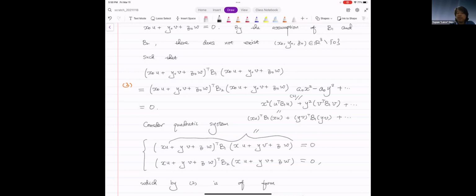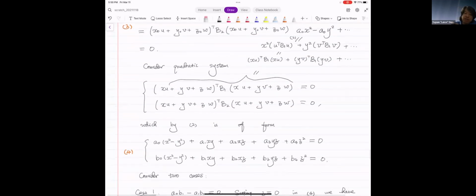Nonetheless, the coefficients in front of x squared and y squared should look like this. Therefore, the first equation has to have a term of a0 times x squared minus y squared. The rest of the terms, I can also factorize them, and there have to be some certain coefficients a1, a2, a3, a4 for those quadratic terms, but it has to look something like this.